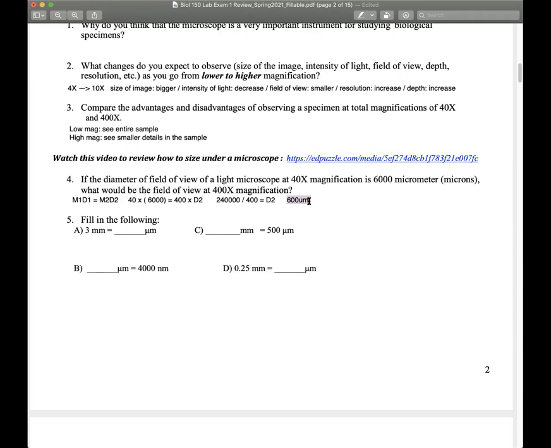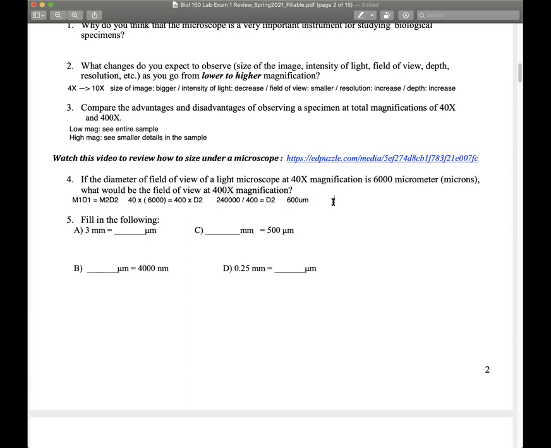Another way you could do this, if it's more intuitive, is that going from 40 to 400, you're increasing your magnification 10 times, which means you're decreasing the field of view by a factor of 10. So all you need to do is cross out that last zero and you have your answer. That is the quick way to do it.